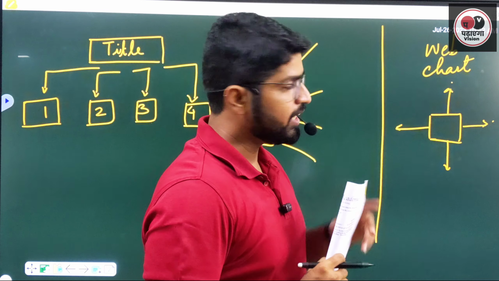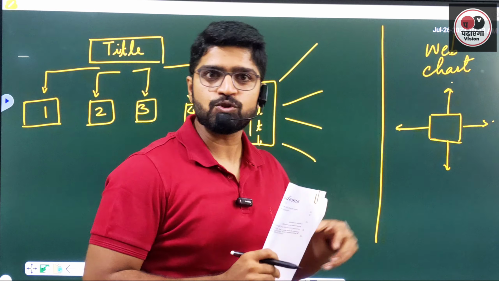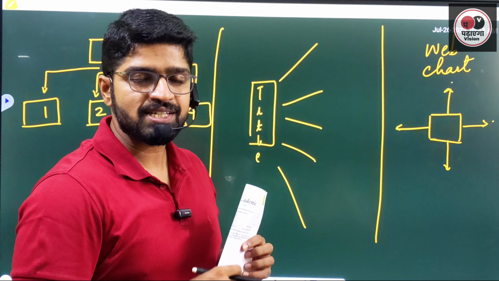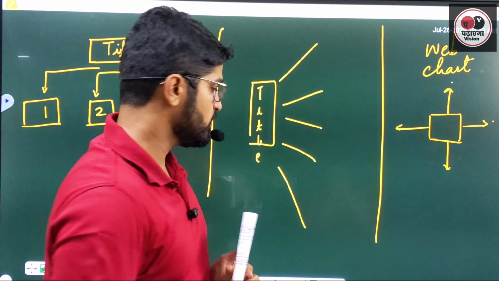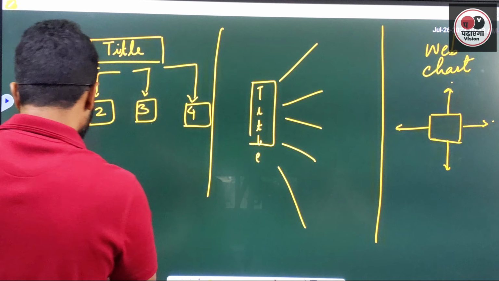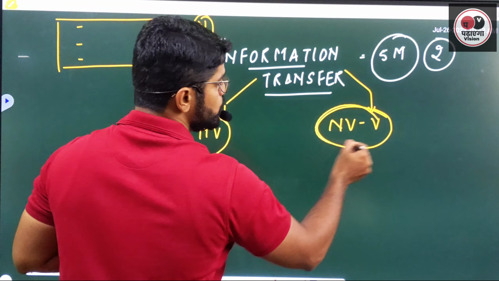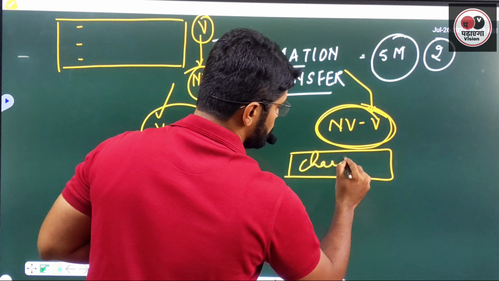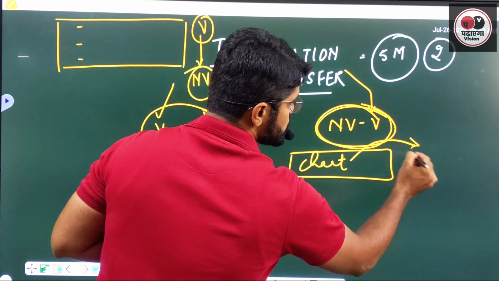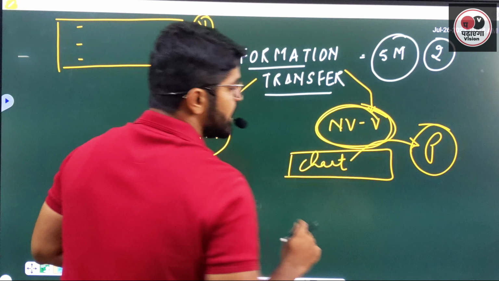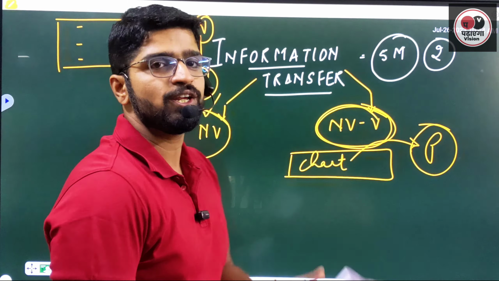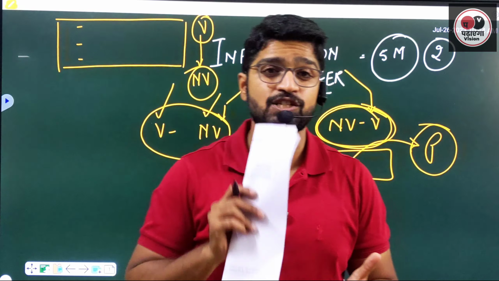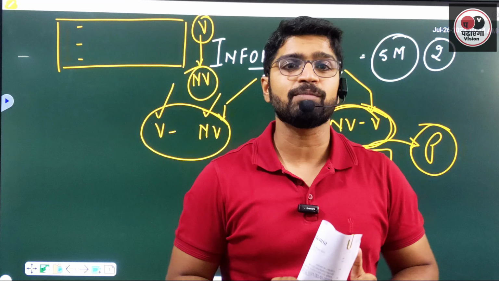Really speaking, this is simple and easy to understand. For the reader, this is better understood as compared to the previous slide we have seen. Now non-verbal to verbal: a chart would be given, and this chart has to be converted into a paragraph. Where a paragraph comes, the possibility of grammar, sentence construction, sentence formation and spelling mistakes is bound to be there.